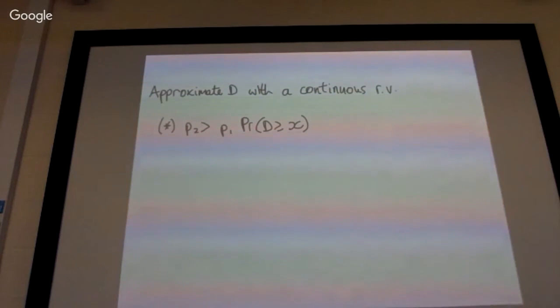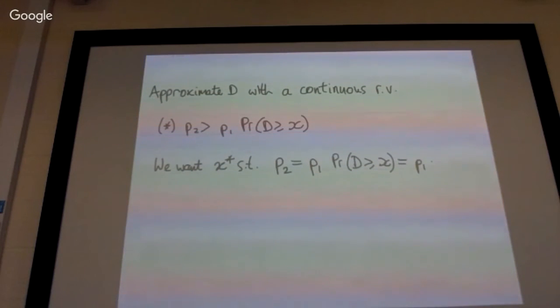When you make it continuous, we want X star, the optimal solution, which satisfies that P2 is exactly equal to P1 times the probability that D is greater than or equal to X, which is P1 times the cumulative distribution function. Oh no, 1 minus, apologies. So 1 minus F of x star.